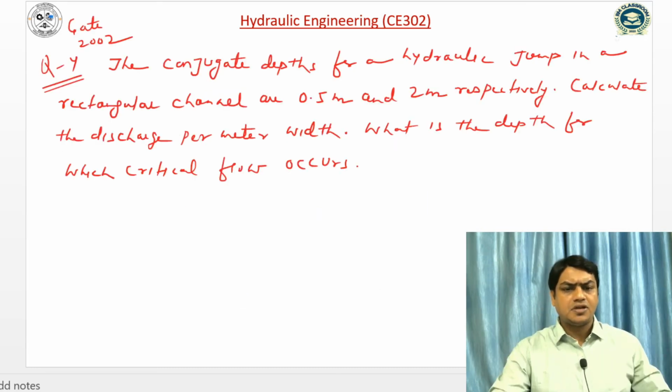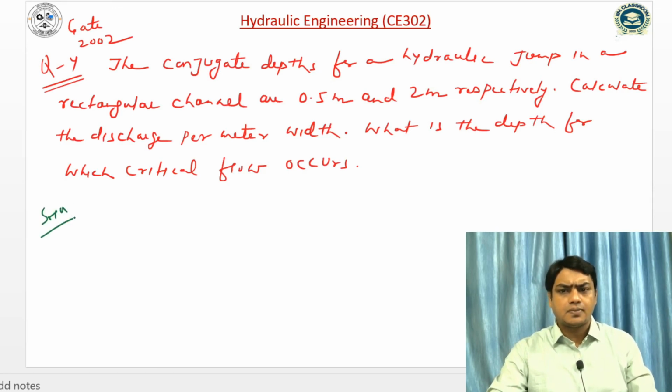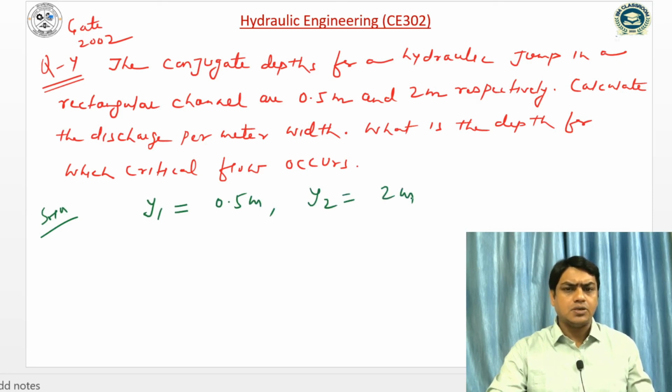So let us take another problem. The conjugate depths for a hydraulic jump in a rectangular channel are 0.5 meter and 2 meter respectively. So the conjugate depth is given. Let us assume y1 be the depth before the hydraulic jump, that is 0.5 meter, and y2 be the post-jump depth, that is 2 meter.